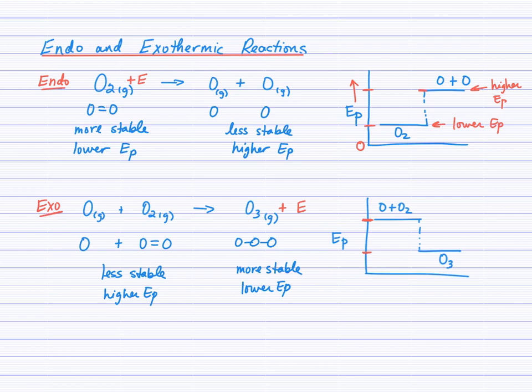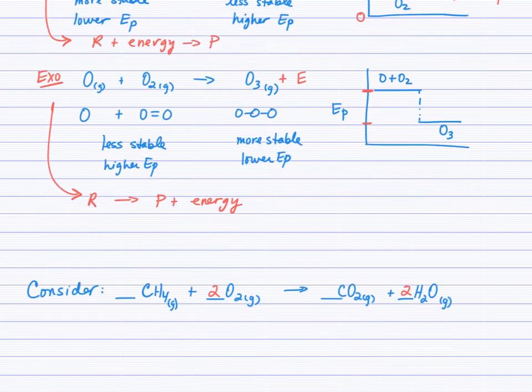And so that's an important summary or statement to make for yourself, that the reactants plus energy will form products. That's the idea of an endothermic thermochemical equation, and an exothermic chemical equation will have the reactants form products releasing energy. So very important to take note of that.